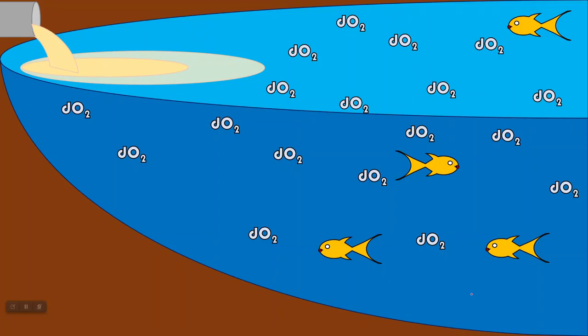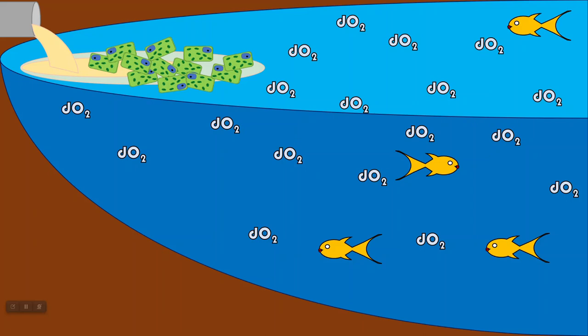So let's look at this in diagram form. So here I have just some body of water. You have a pipe coming in from the left, which is releasing some nutrients into the water. We have some nice, happy little fish. We've got a certain level of dissolved oxygen there. Well, when the nutrients end up coming into the water, that allows algae populations to grow. And they grow and they grow and they grow until you have an algal bloom.